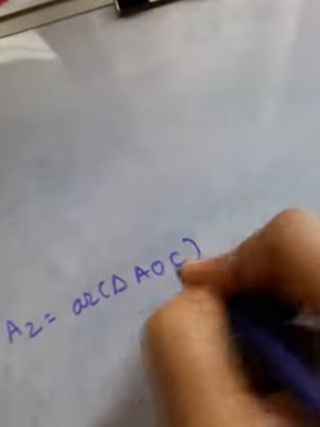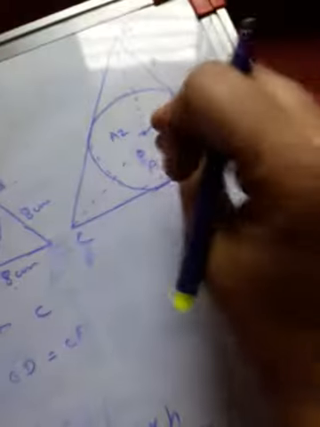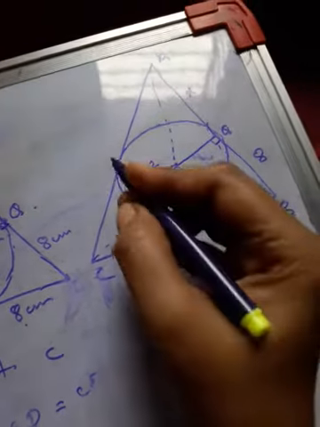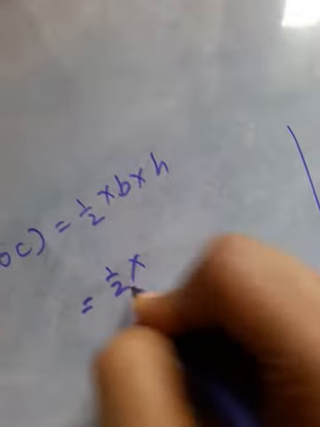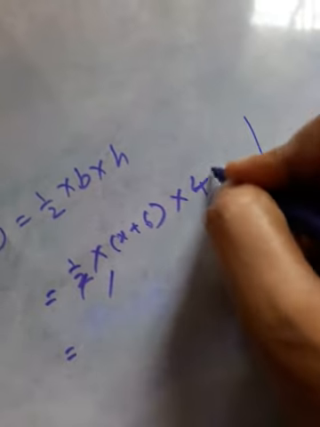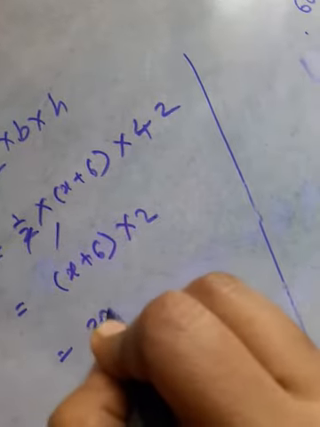Now A2 is the area of another triangle, AOC. The area of triangle AOC is again half base into height. In all these triangles the heights are the same, 4 centimeters, but the bases are different. Here the base is 6 plus x. So half into x plus 6 into 4, that means x plus 6 into 2, that is 2x plus 12.